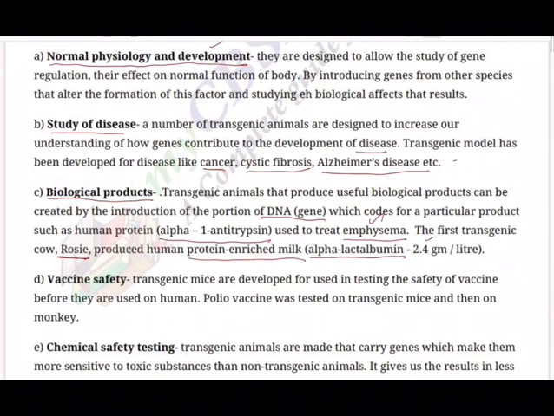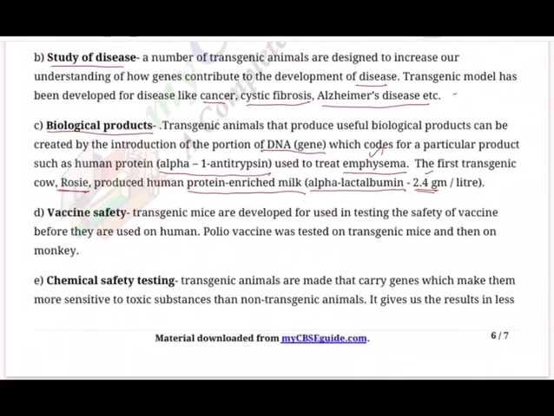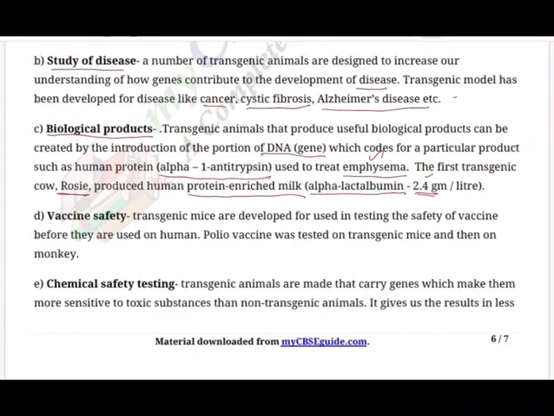Similar attempts are being made for treatment of phenylketonuria, PKU, and cystic fibrosis, a very dreaded disease. In 1997, the first transgenic cow called Rosie produced human protein enriched milk. We mentioned 2.4 grams per liter. The milk contained the human alpha lactalbumin and was nutritionally a more balanced product for human babies than natural cow milk. That's why we are able to use this technology to produce biological products.